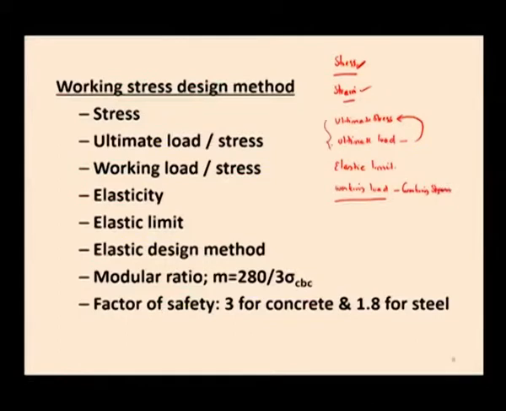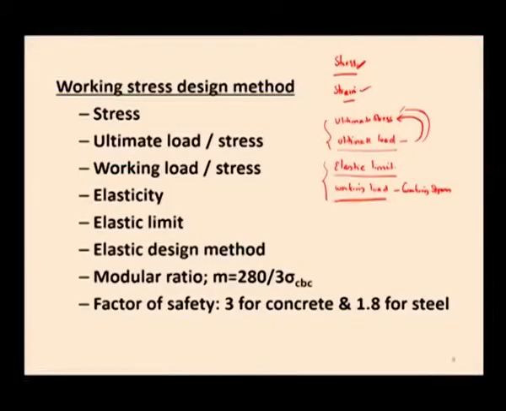So, here there is a difference between working load and ultimate load, and between working stress and ultimate stress. Ultimate load means the load which the material can sustain before breaking, and the corresponding stress is called the ultimate stress. Normally, in practice, materials or structures are not subjected to the ultimate load.